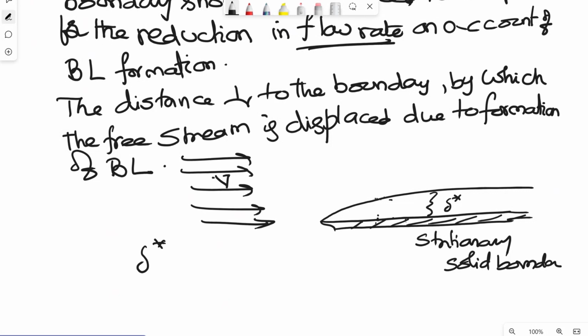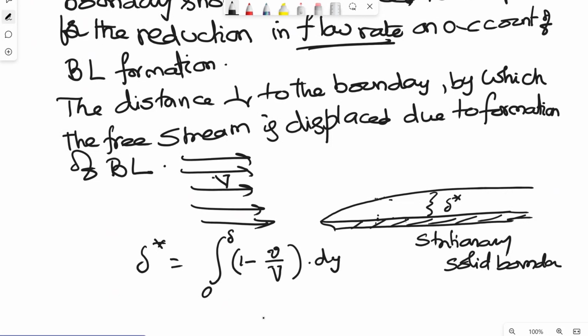So what is the equation for the displacement thickness? Displacement thickness is equal to integral 0 to delta, 1 minus small v by capital V, into dy. What is small v?